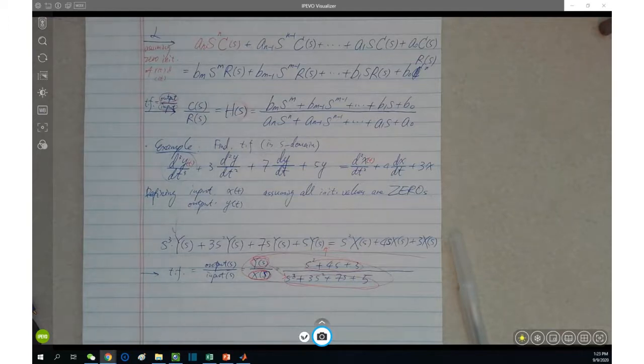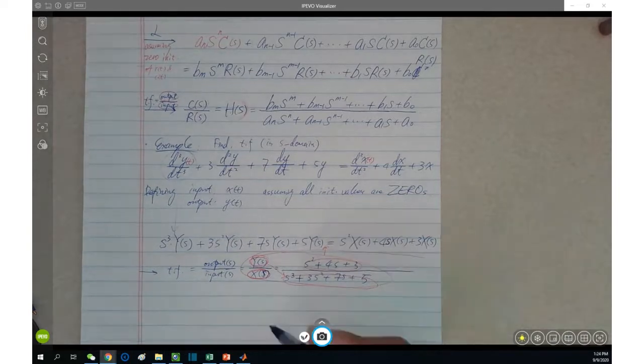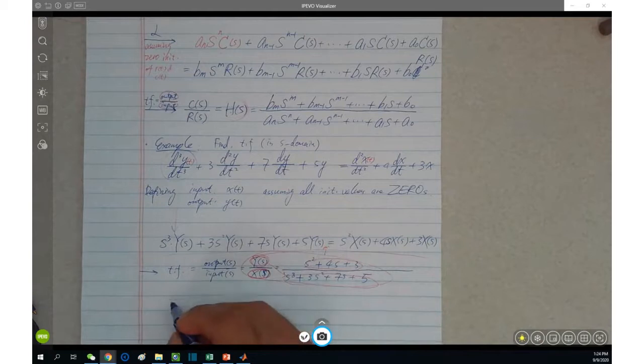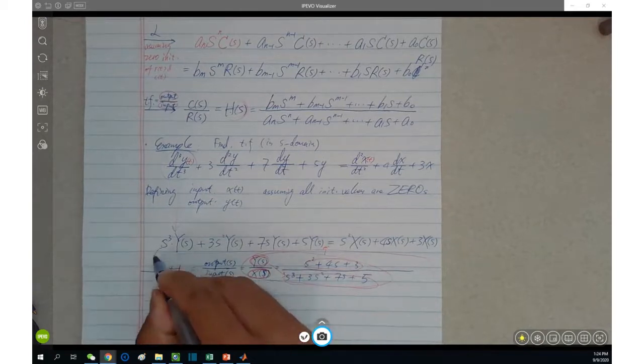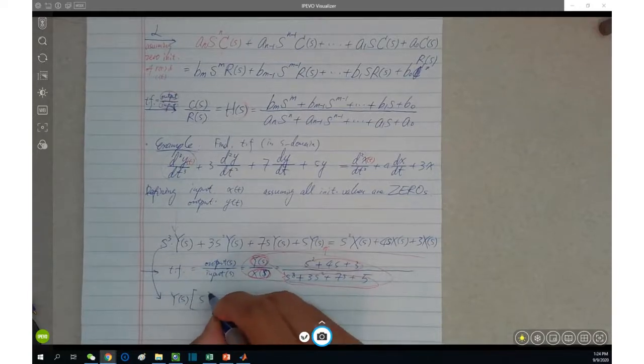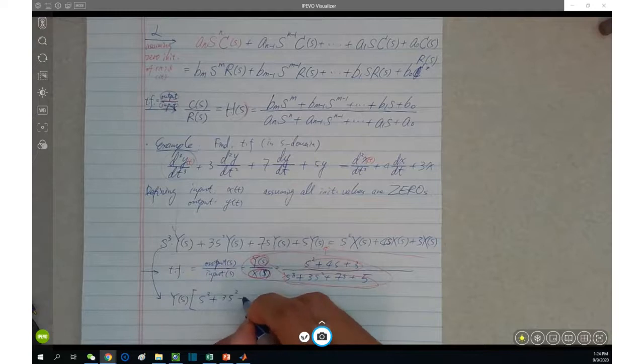Yep. So it looks like you pull out the Y of S's and the X of S's. How can you just pull those out? Oh, the details are like this. We start from this equation, obviously, and here you got this, right?